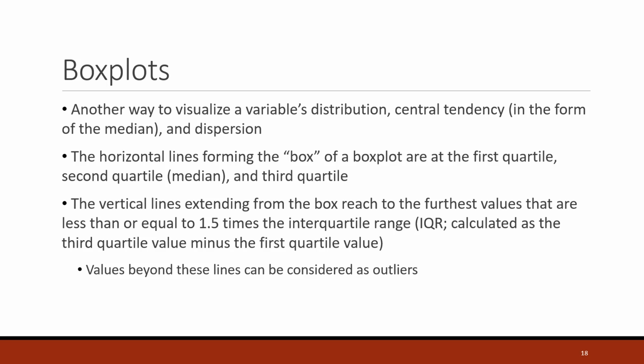The interquartile range is calculated as the third quartile value minus the first quartile value. And then any values that fall beyond those lines can be considered as outliers. So from this definition, an outlier is any value that falls outside of 1.5 times the IQR, or interquartile range, for the particular variable under consideration.